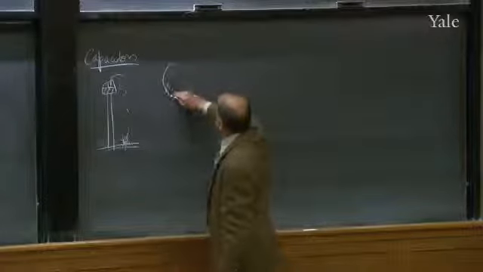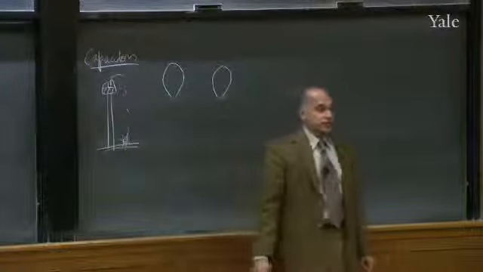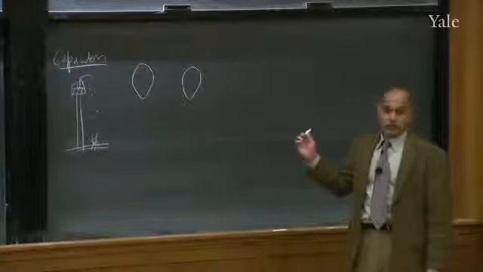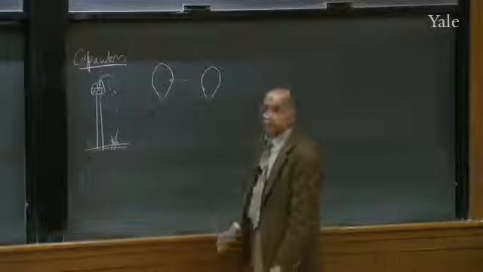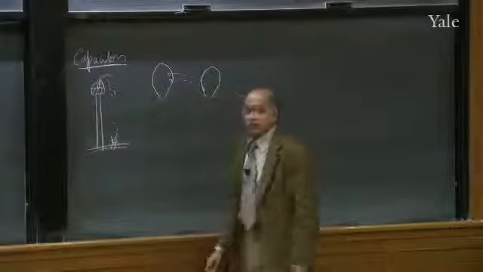You take one conductor and you take another conductor, any shape you like, doesn't matter. They're both electrically neutral, but they're conductors. So you take a tiny charge from this guy and put it there. Then take more and more charge and start putting it there.